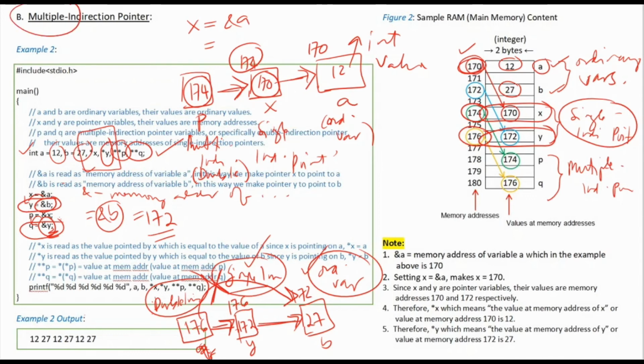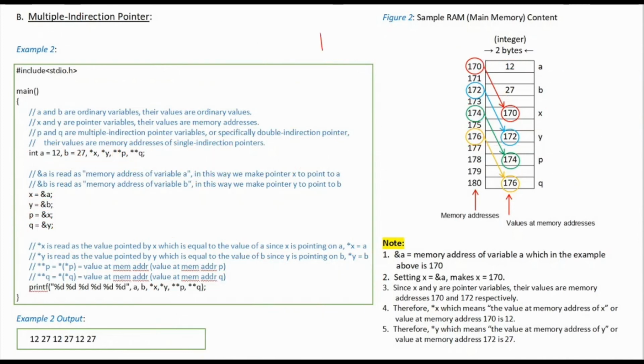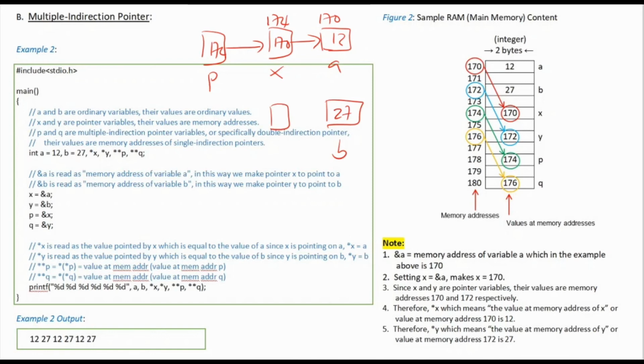So what is the output of the program? Now that x points to a, holding a value 12, and p points to x, so this is 170, this is therefore 170, and x is 174, so this is 174 also. And we have here b with value 27, and the single indirection pointer pointing to b is y.